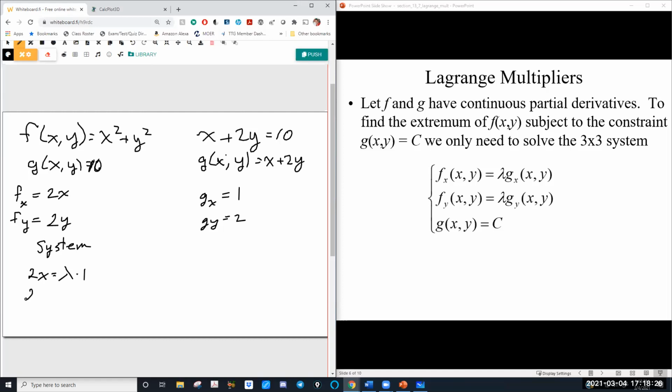F sub y equals 2y, lambda times g sub y times 2, and then our constraint equation equal to 10. So x plus 2y equals 10. That is our 3x3 system. We have three variables, x, y, and lambda, and three equations.